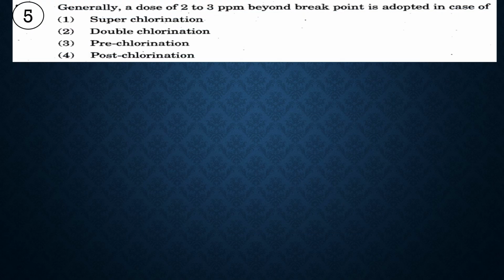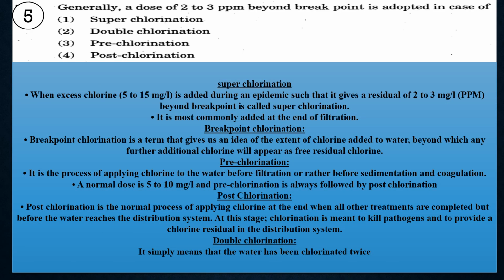Then next, question number 5. Generally, a dose of 2 to 3 ppm beyond breakpoint is adopted in the case of superchlorination, and it is mostly added at the end of filtration.